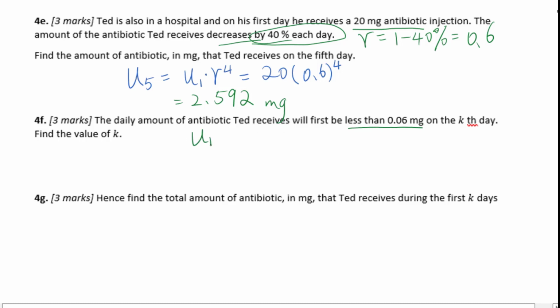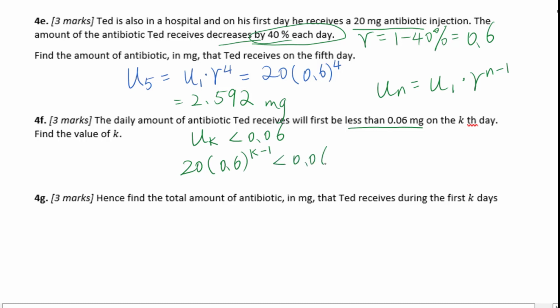We know U sub k is less than 0.06. We do know this is a geometric sequence. U sub n equals U sub 1 times r to the n minus 1 power. Now we plug in. U sub 1 is 20, r is 0.6 to the k minus 1 power, less than 0.06.